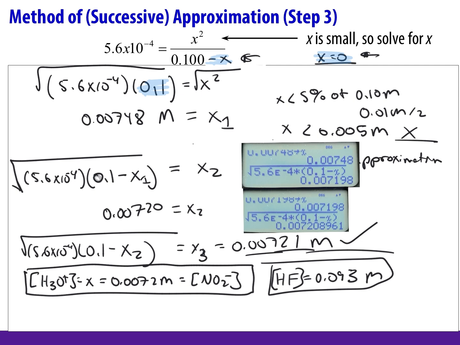This just shows what that looks like on a calculator. If you use the store function to store the value to a variable x, this is really convenient. So 0.00748, my initial guess, I store it to x. Then I just type this formula in, with the x in it, and I get my new value. Now, since this didn't stay the same, I select this value, then click store x, enter to update my stored value.